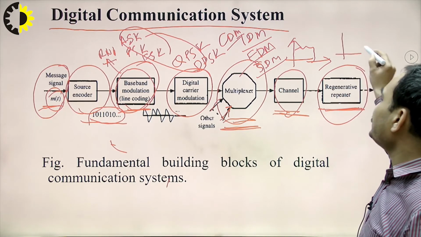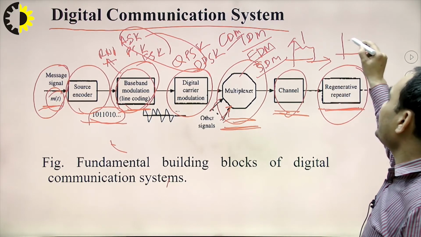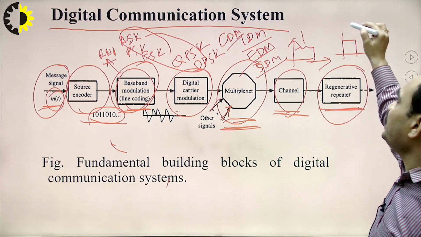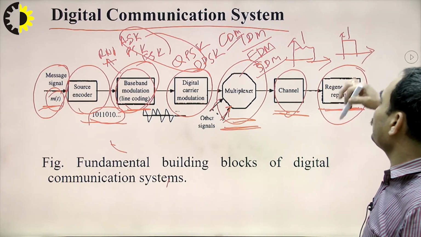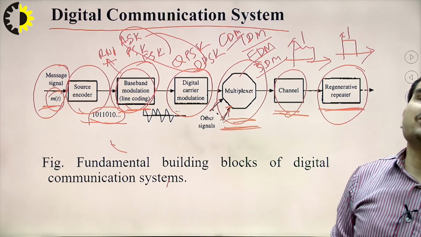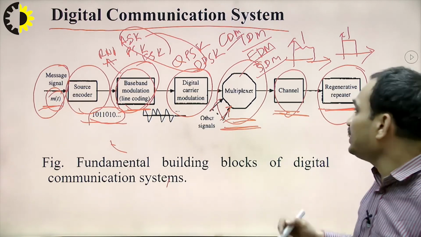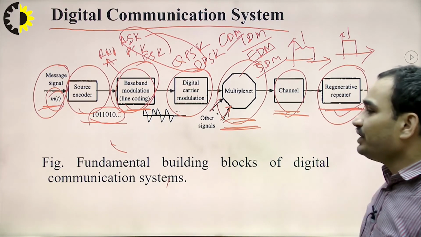It repeats the bit. If it is 1, it will be repeated as 1 only. So pure bits, without any noise or distortion, are generated back using this regenerative repeater.